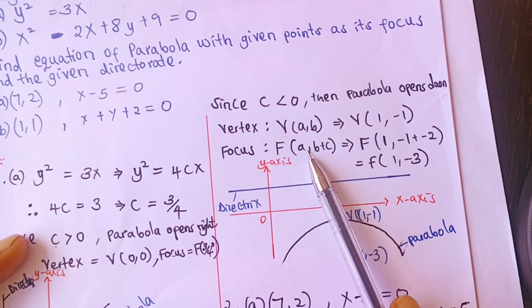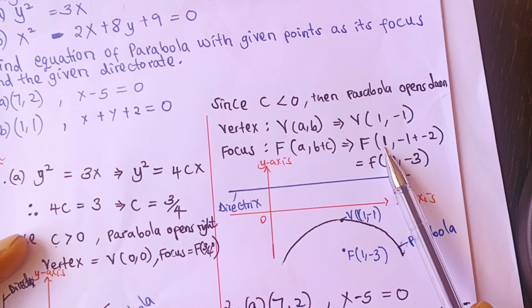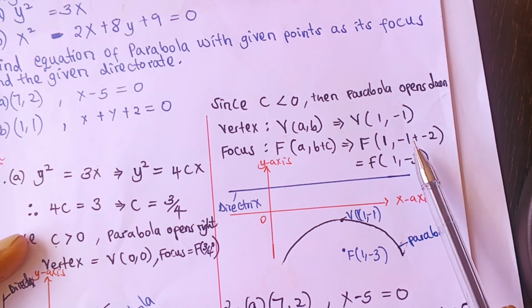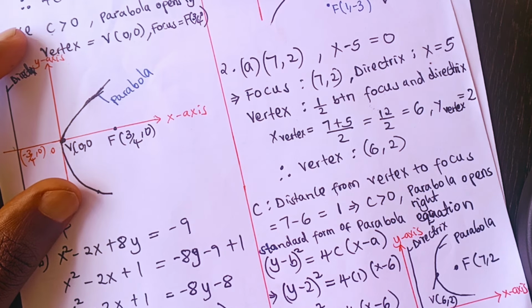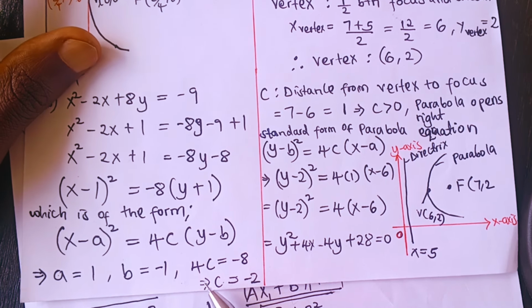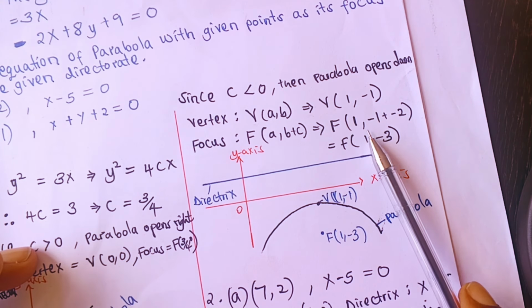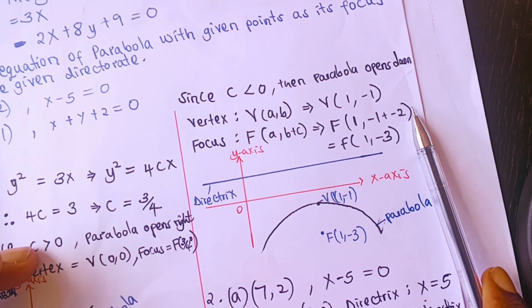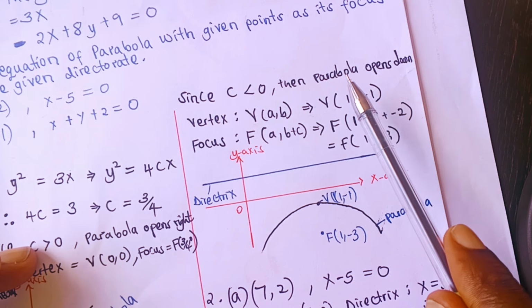The focus is going to be (a, b plus c). So a is 1 and b is negative 1, and we add c, which we obtained as negative 2. So negative 1 plus negative 2 gives you negative 3, so the focus is (1, negative 3), and the vertex is (1, negative 1).